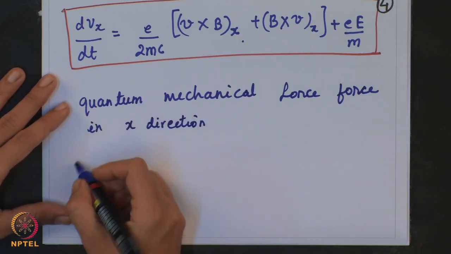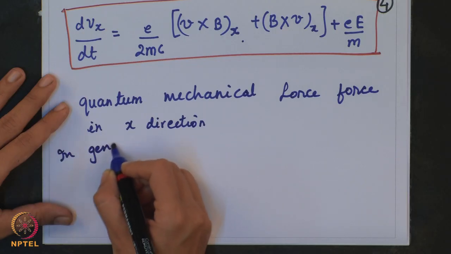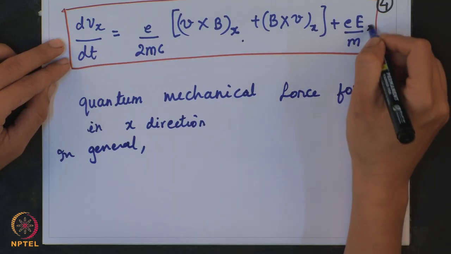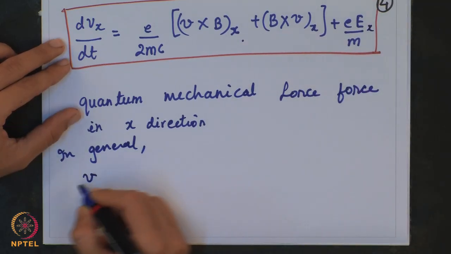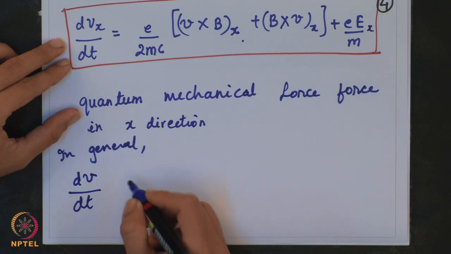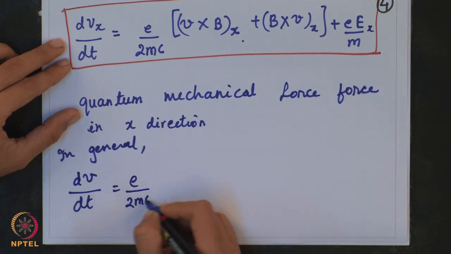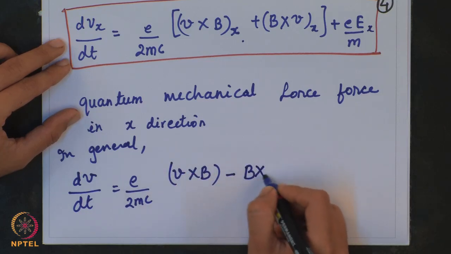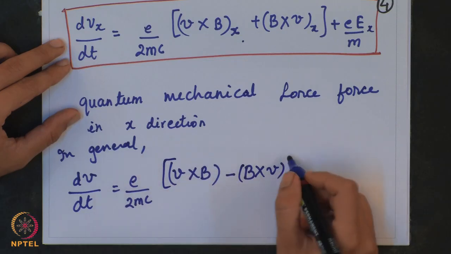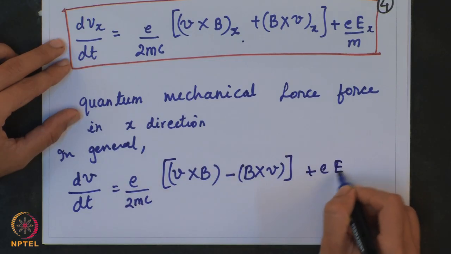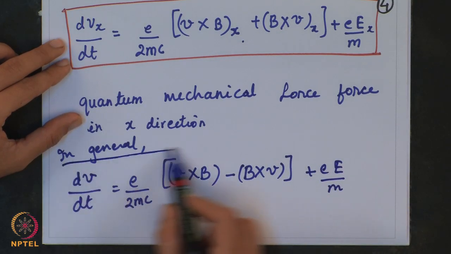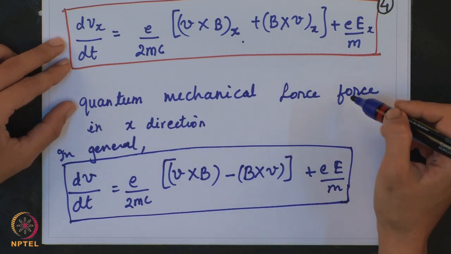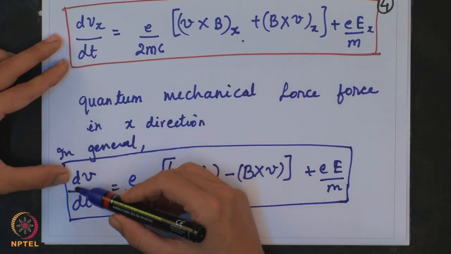Now, in general, when I rewrite, this will be the x component, remember. So, when I have to find out in general, dv by dt will be e upon 2mc times v cross B minus B cross v, this is the term, plus e by m E. So, this is nothing but the quantum mechanical Lorentz force, which is proportional to this dv by dt.